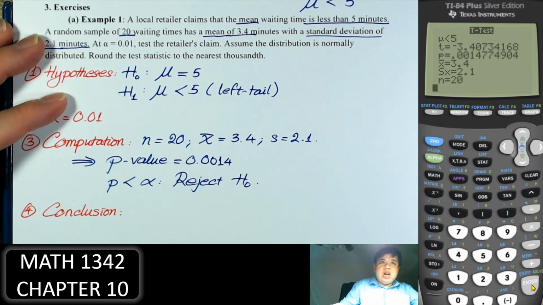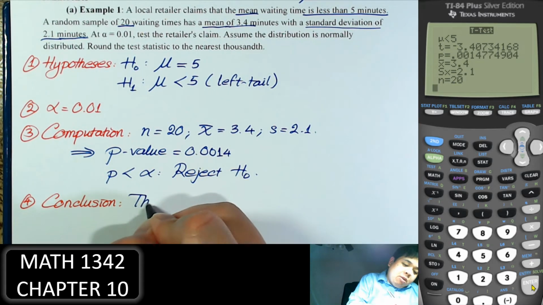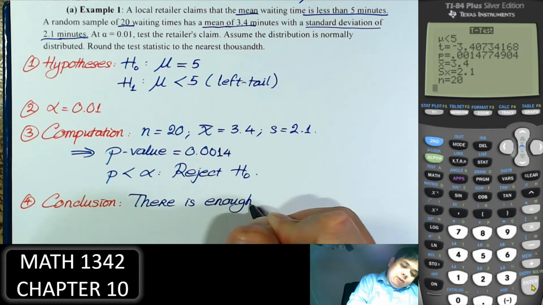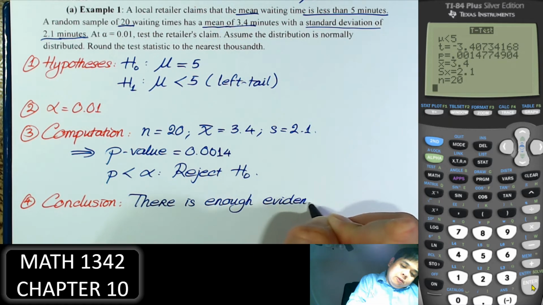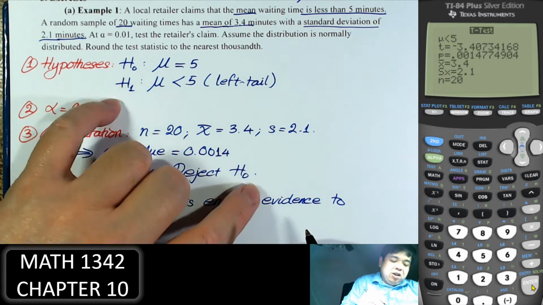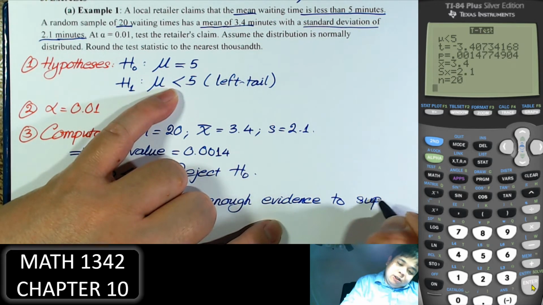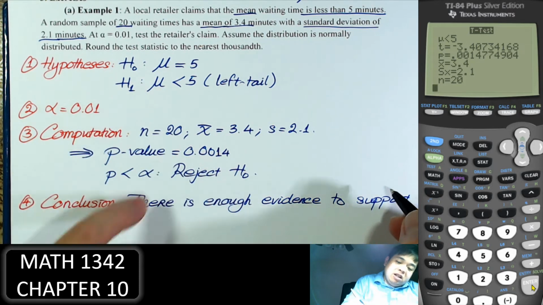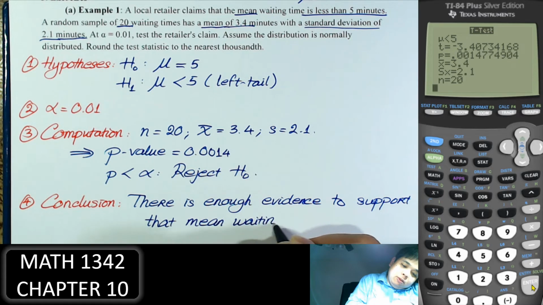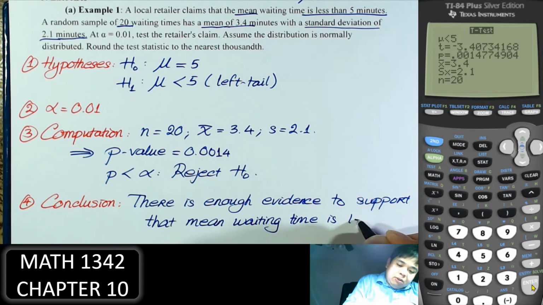If it is reject, we always start with: there is enough evidence to support H1, and there is enough evidence to support that the mean waiting time is less than 5 minutes.